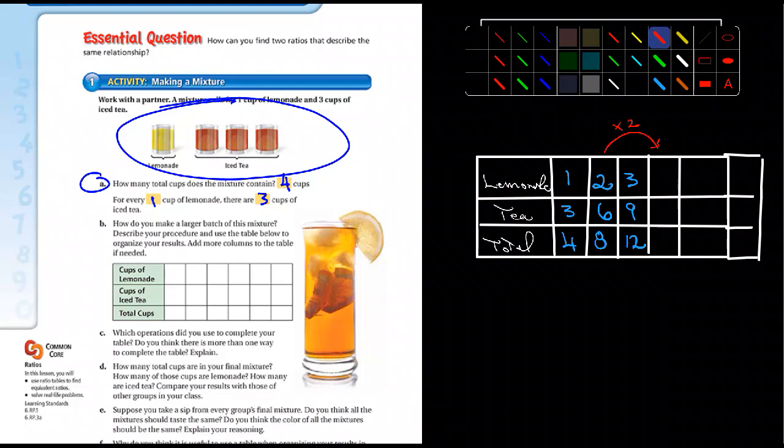For lemonade it would be 4, and for tea, 12, because 2 times 6 is 12. And then the total would be 16. Some of you might have done it that way. Either one of those answers is fine. You're still increasing the batch for a larger party of people.